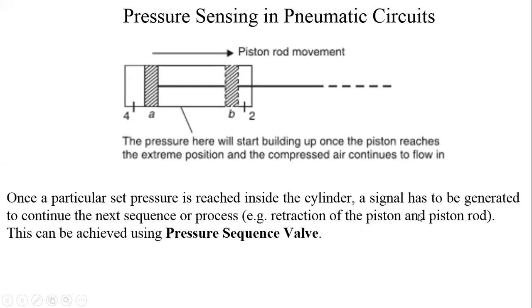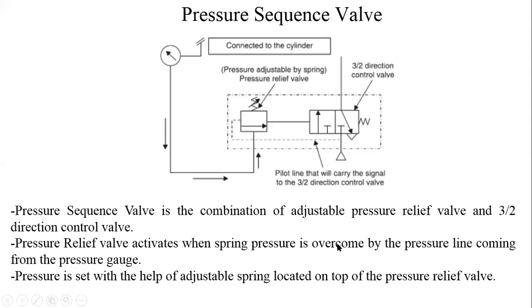Whether to start that next successive sequence of operations or process depends on identifying or recognizing whether a particular set pressure is reached inside the cylinder or not. Now this can be achieved or this can be done by making use of pressure sequence valve. Pressure sequence valve. Right?